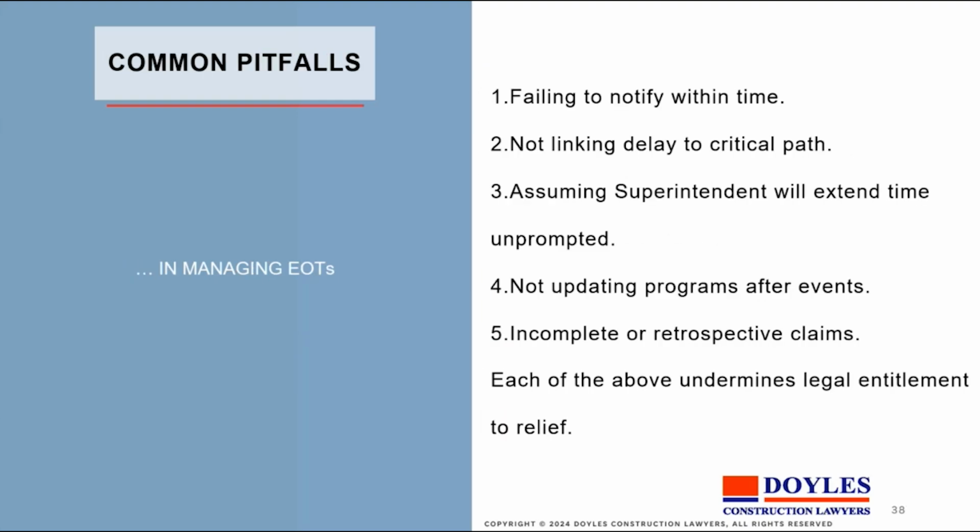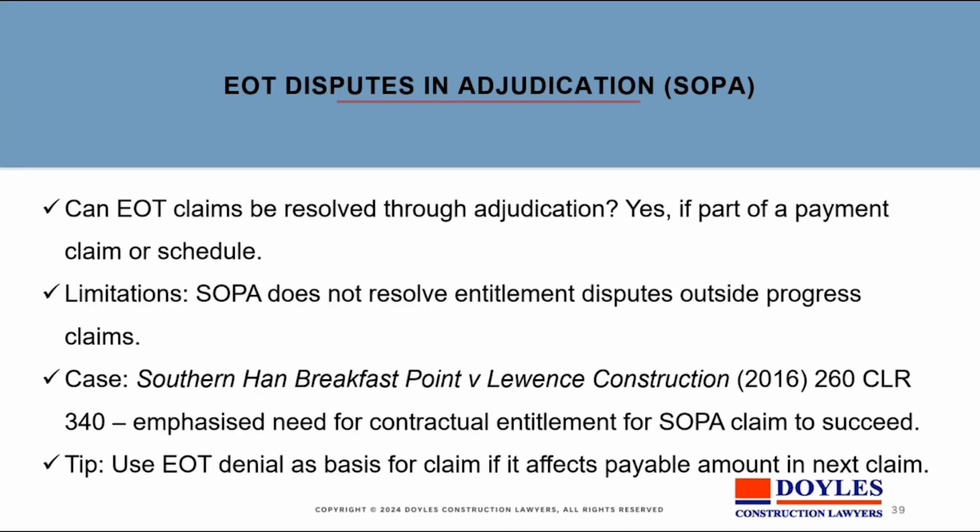I'm coming to the end of my time today, but one of the important aspects is to look at EOTs in adjudications, in security of payments applications, and there one needs to have a clear and straightforward principle of, for the contractor who's claiming delay and costs of it, a certain amount of clarity in his claim.